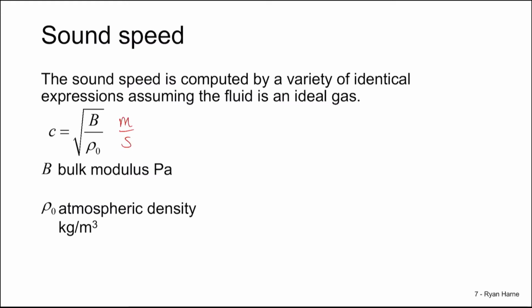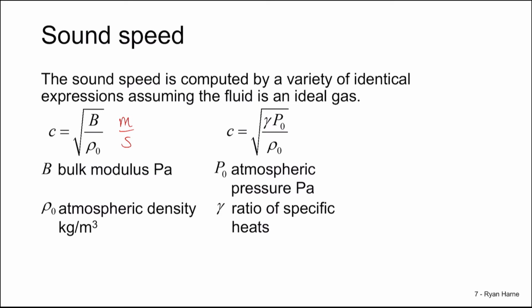Another common way of computing the sound speed, if you're more familiar with the ideal gas law, is the following equation. C is equal to the square root of the ratio of specific heats, gamma, multiplied by the atmospheric pressure, P sub naught, divided by the atmospheric density. Once again, the units are meters per second if you work this out.